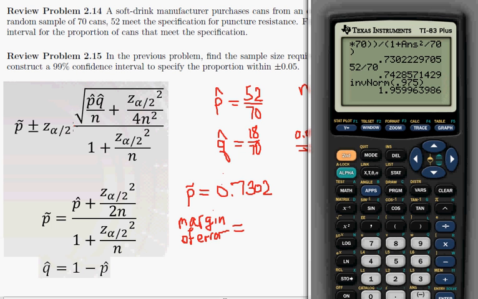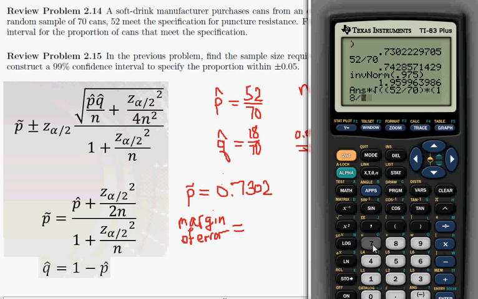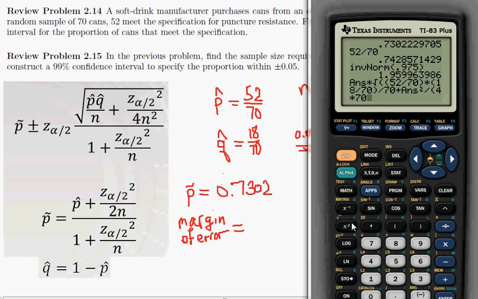So the margin of error will be equal to that value of z times the square root of p hat, 52 over 70, times q hat, which is 18 over 70, all divided by n, plus the answer squared divided by 4 times 70 squared.